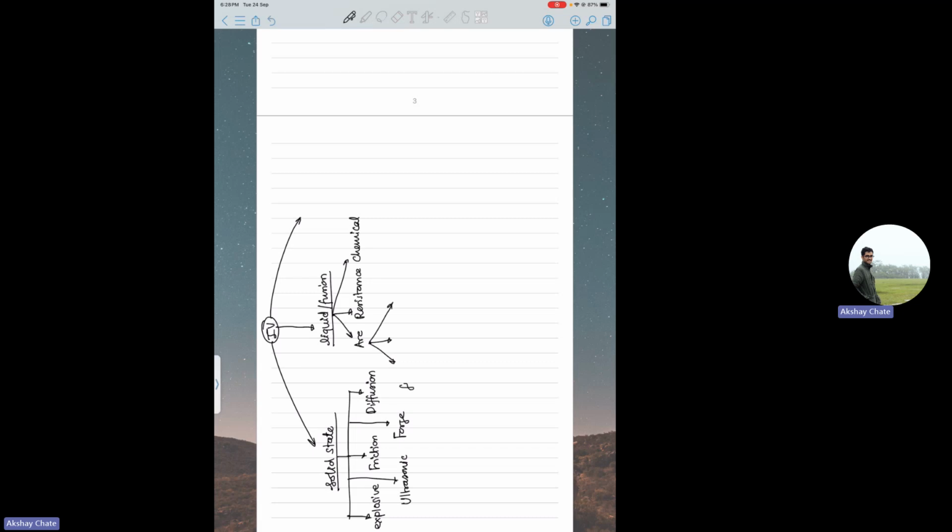First is flux coated, I think. Then you'll have shielded gas.